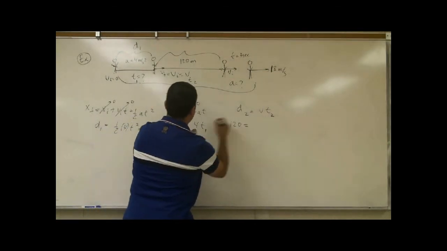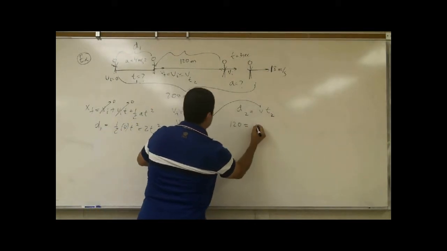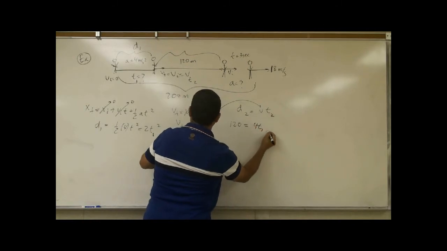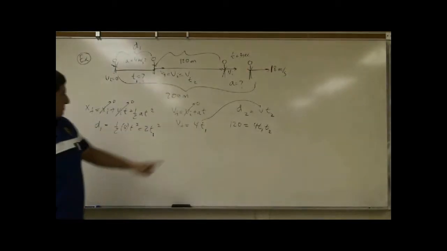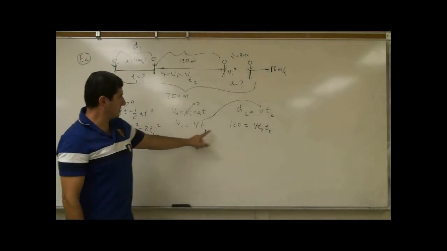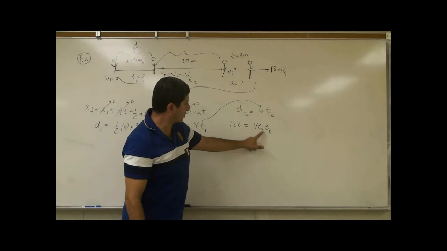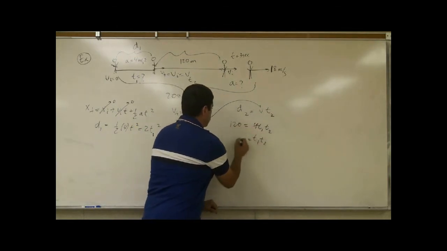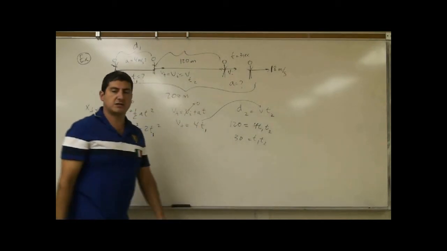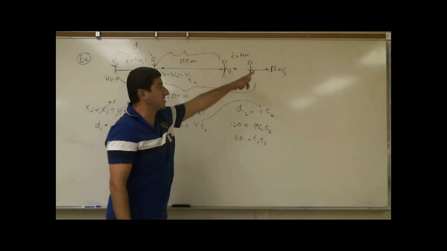We put that into there. 4t1, t2, right? So this is 4 times the t1. We substitute it. So that means the product of t1 and t2 is equal to what? 30. That's it.